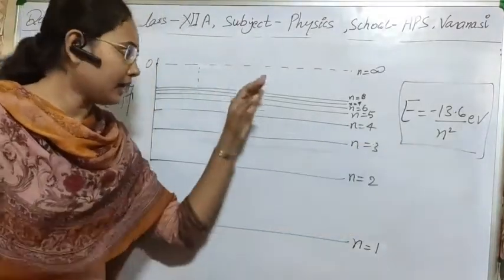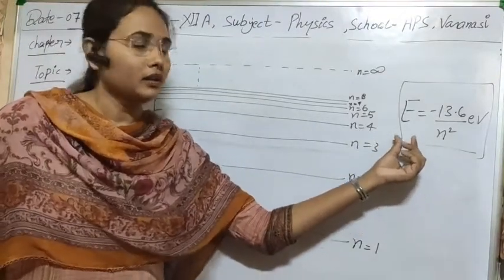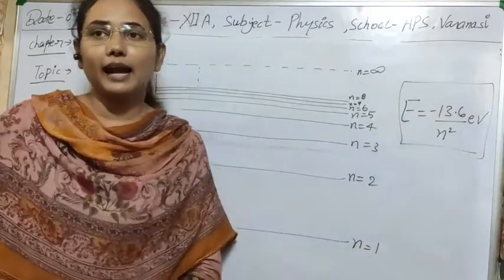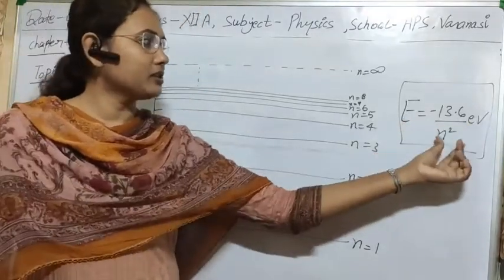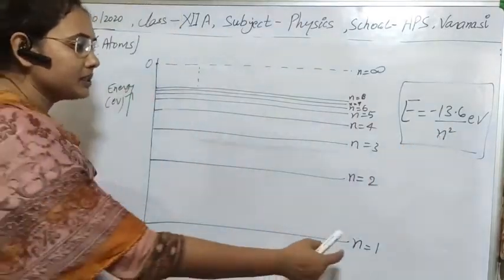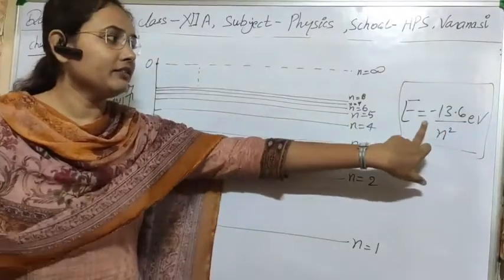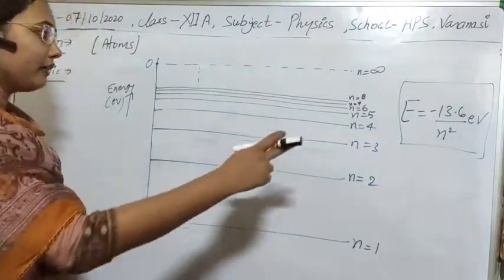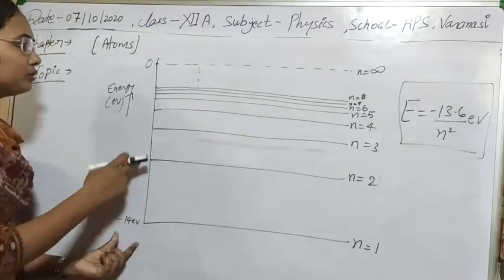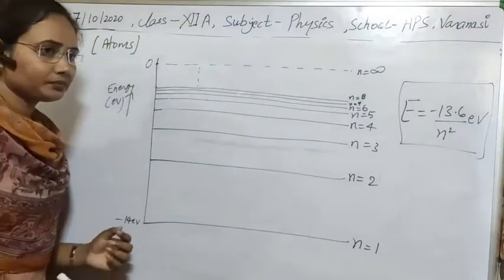I am drawing it for the hydrogen atom, where, as we calculated, the energy is minus 13.6 upon n square. If we put in n equal to 1, 2, 3, 4, 5, 6, 7, we get a particular value of energy. It starts from nearly minus 14 electron volt, and for n equal to infinity it will be 0.